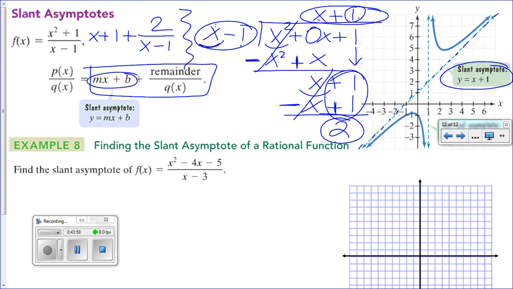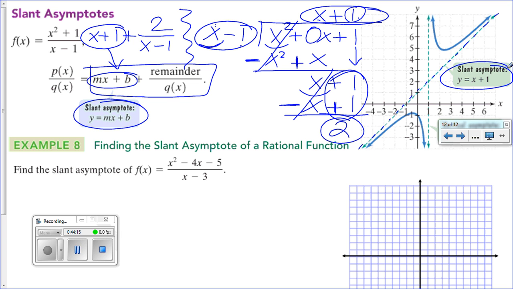Okay, and what we get here, it looks like a linear function. So that one is going to give me the slant asymptote. And that is the line that you see here.